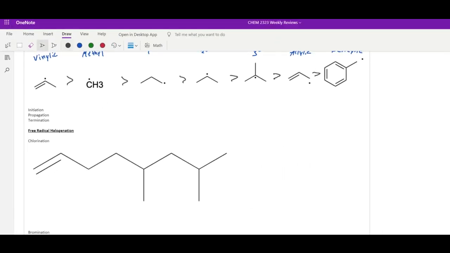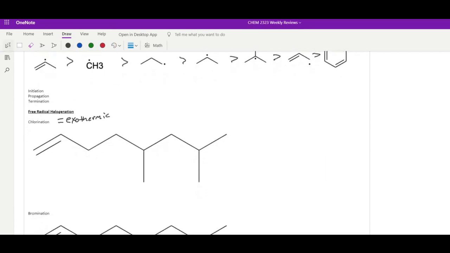I'm not sure if these words mean anything, but just in case you get a conceptual question, you have to know: chlorination is going to be exothermic, and bromination is going to be endothermic.